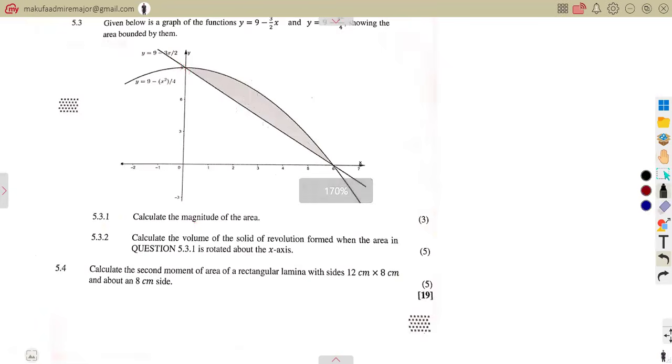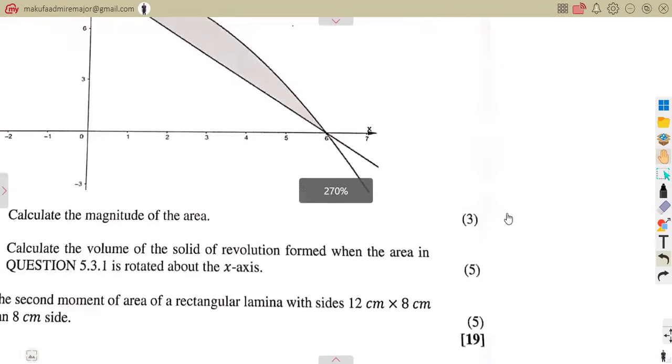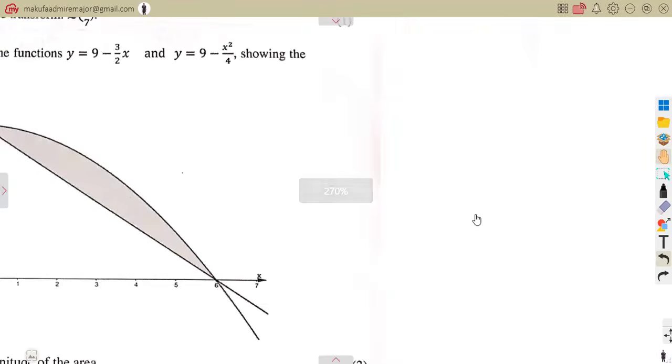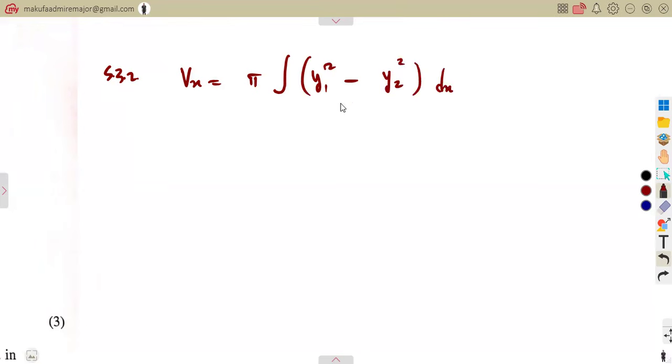From there, it was to calculate the volume. So remember the volume again, it is just the same approach as for area, the strip that you had, but only the formula is the one that is going to change. So that's 5.32, the same way that you calculated, but remember volume is pi. The integral, you're going to have y1 squared minus y2 squared, which is the top minus bottom concept.